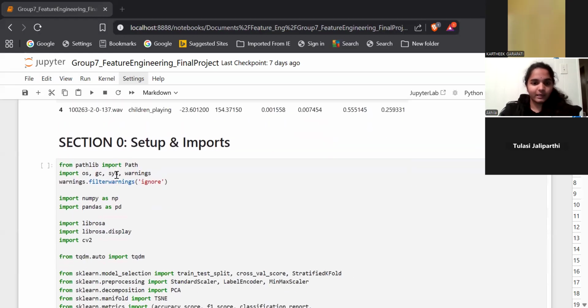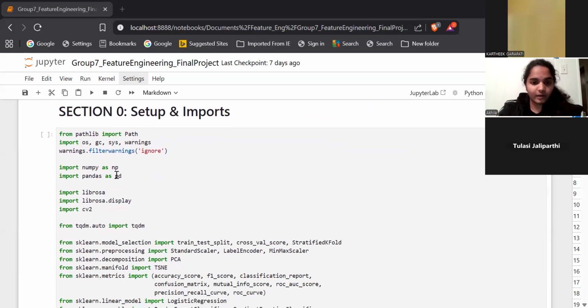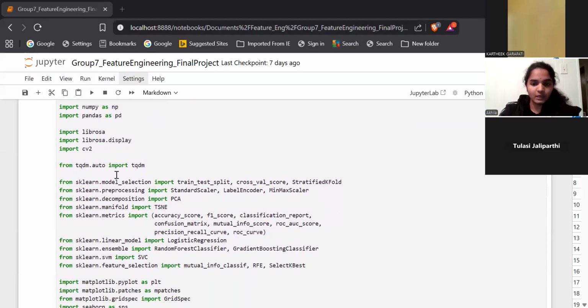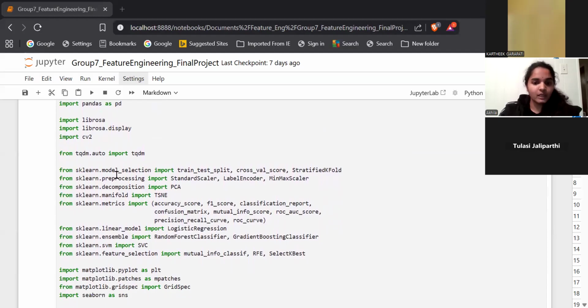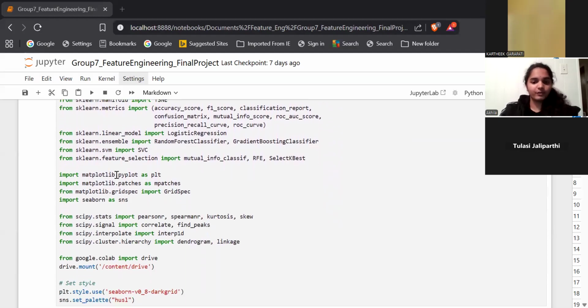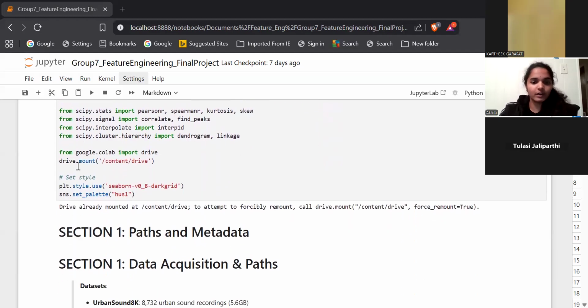We begin by importing the necessary libraries, like NumPy and Pandas for data manipulation, Librosa for audio processing, OpenCV and PyTorch for video, and Scikit-learn for machine learning. We mounted the Google Drive for persistent storage and created an organized directory structure with separate folders for the raw data.